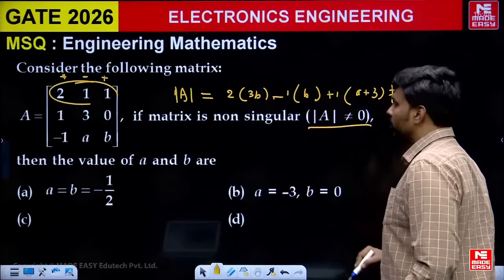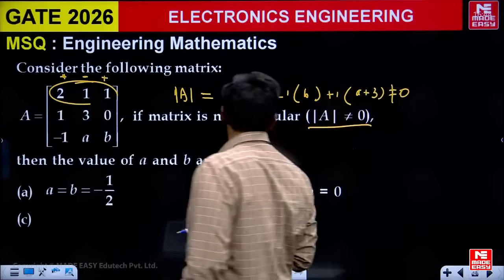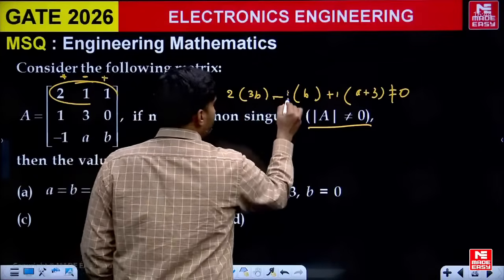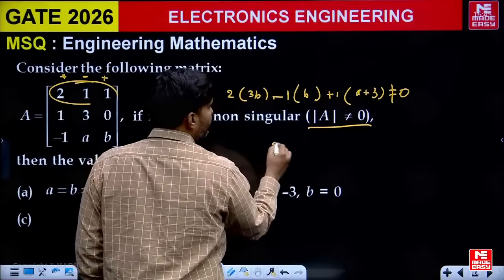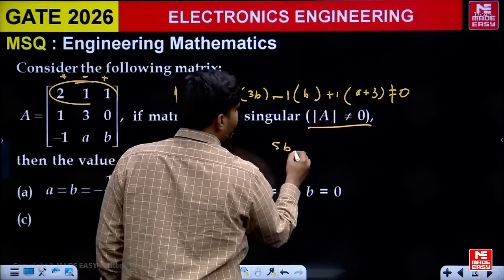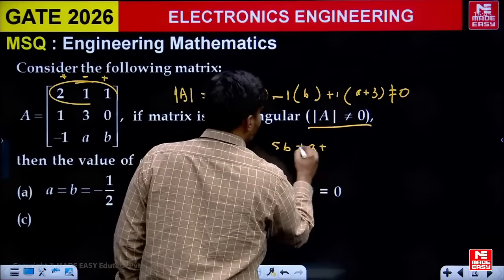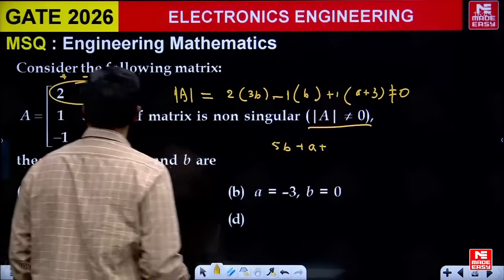Then it is 6b minus b, which is 5b, plus a plus 3, not equal to 0.